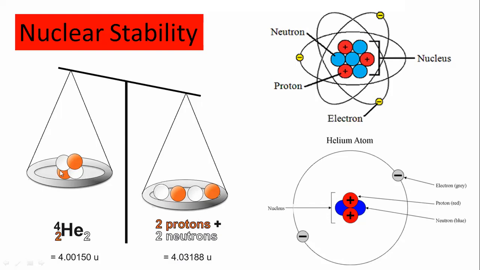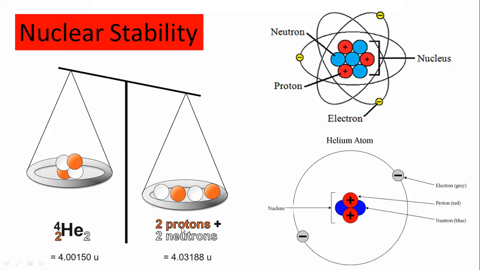But here you can see there is a difference in the mass. If this helium is composed by the joining of 2 protons and 2 neutrons, there should not be any difference in weight, but there is a difference.